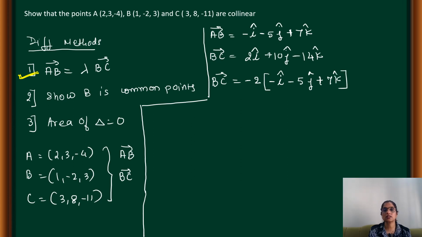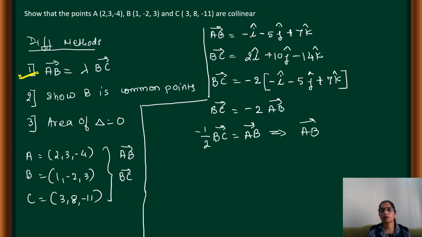That means what is this? This is AB vector, correct? Can I write down therefore that BC vector is equal to minus 2 into AB vector? That means I can say that minus 1 by 2 BC vector is equal to AB vector. Or we can say the reverse. This will imply that AB vector is equal to minus 1 by 2 BC vector.